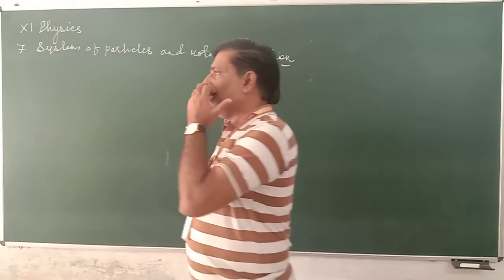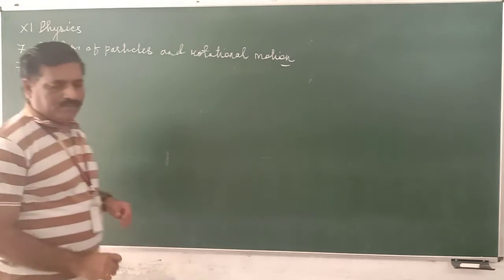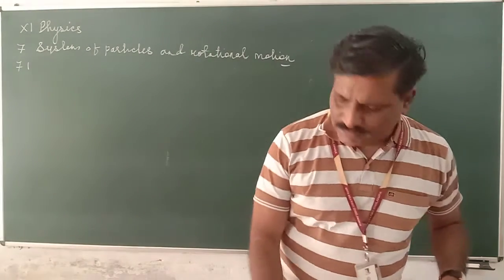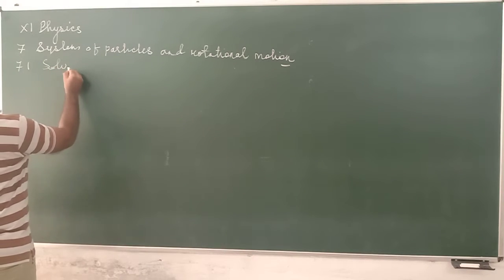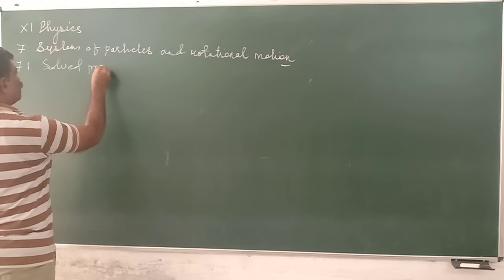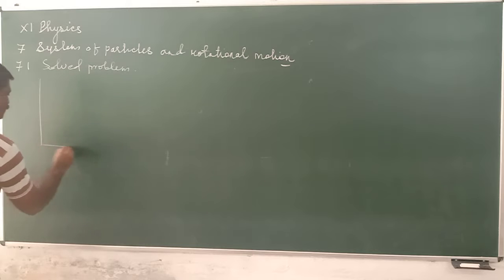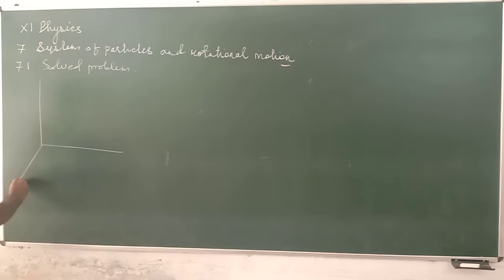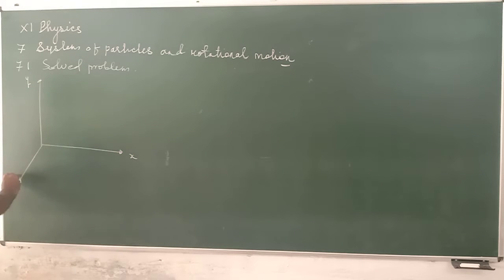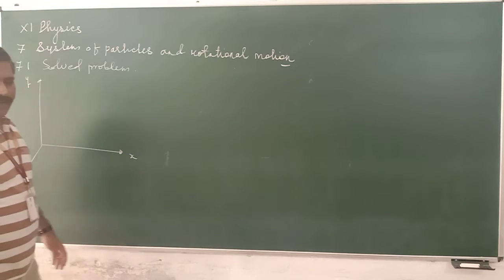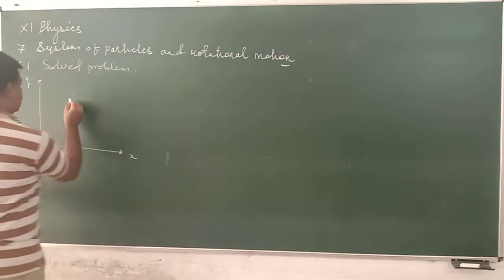It's an equilateral triangle. This is the 7.1 solved problem. Here we take X, Y and Z, and we are taking it as an equilateral triangle.